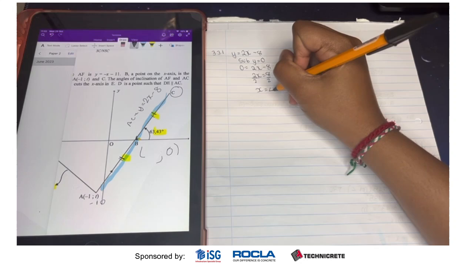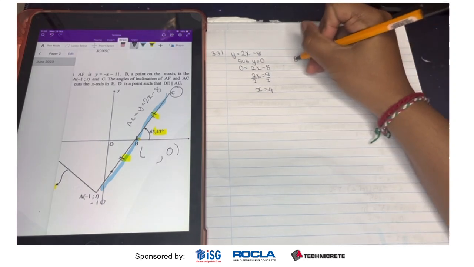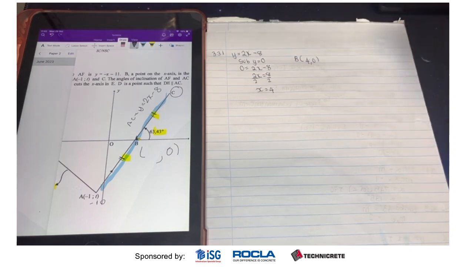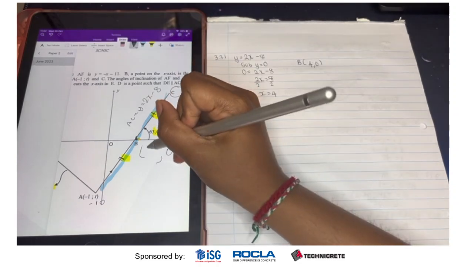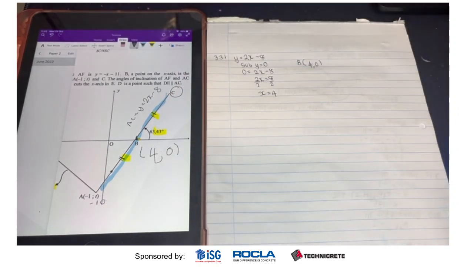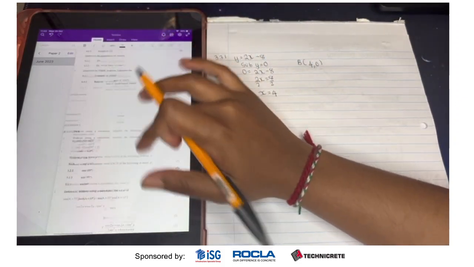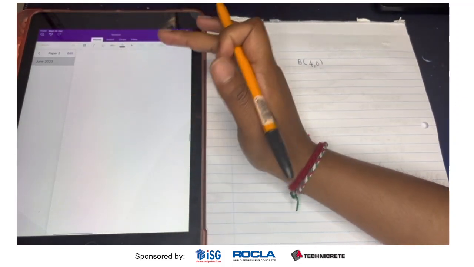X will be equal to 4. So the coordinates of B is going to be (4, 0). Okay. Let's fill that in. 4. Now we can use our midpoint formula, which we have in our formula sheet.